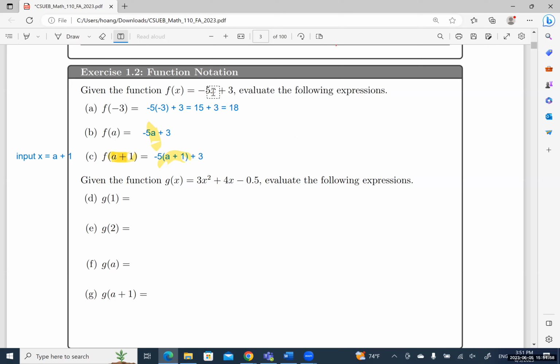So you see over here, I have -5 times x, so I have to change this x to be a plus 1, right? So now I'm going to have -5 times (a plus 1) plus 3, since a plus 1 is the input, right?